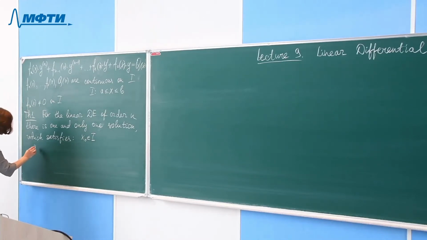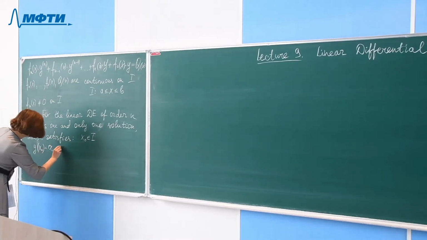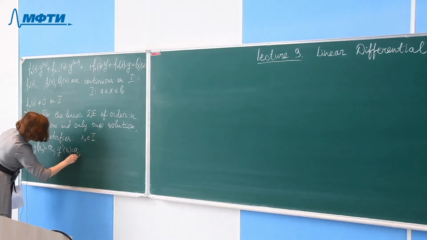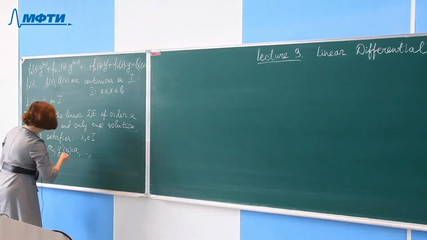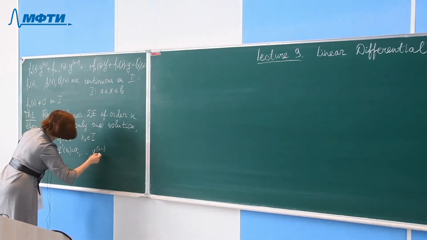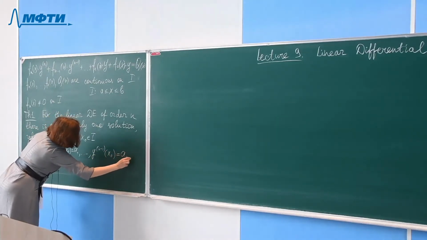They look like this: y of x0 equals, let it be a0, y prime of x0 equals a1, and so on, and the derivative of order n minus 1 at x0 equals a n minus 1.